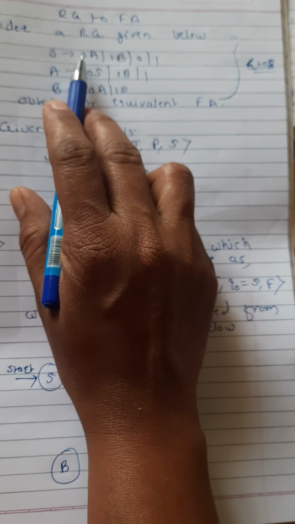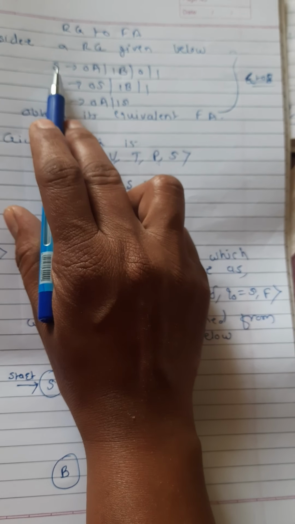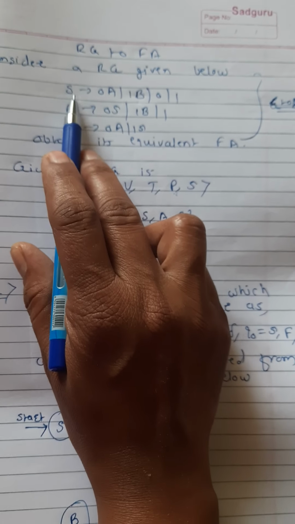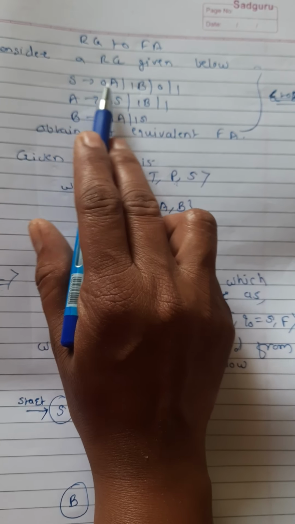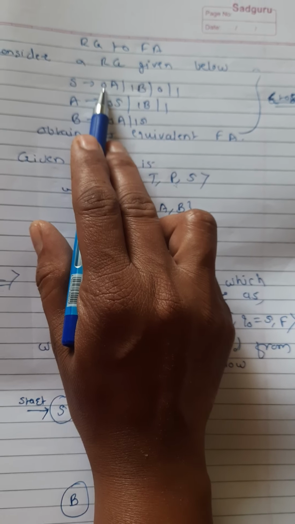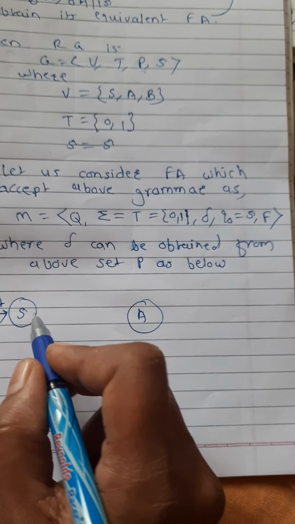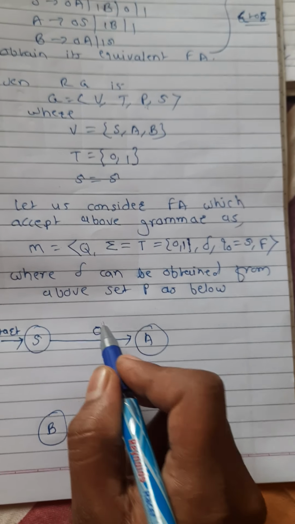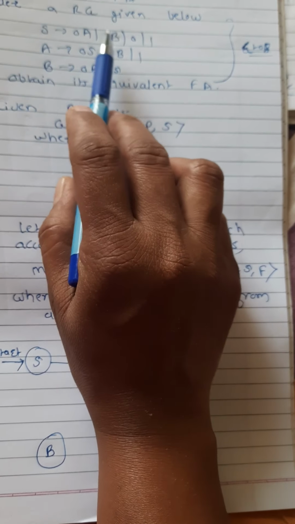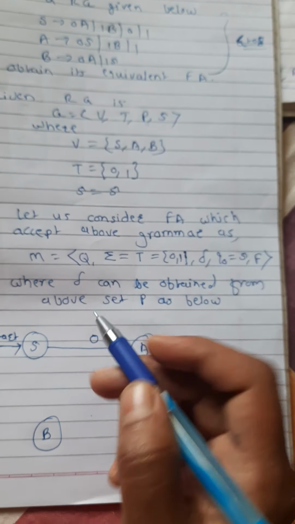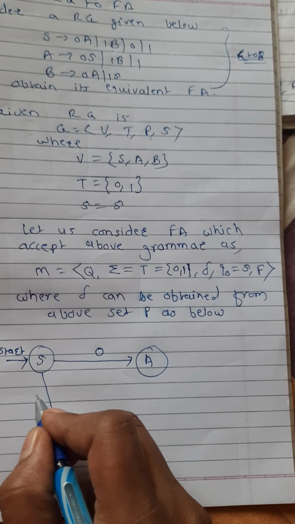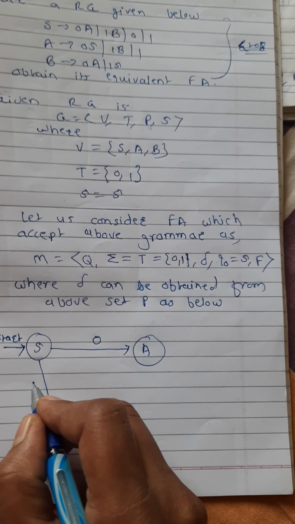Then consider the transitions having such a format. What is the meaning of this one? S gives 0A means from S to A there is a transition on 0. So draw that in the diagram. So S to A on symbol 0, then S to B on 1. So draw accordingly in the diagram, S to B on 1.